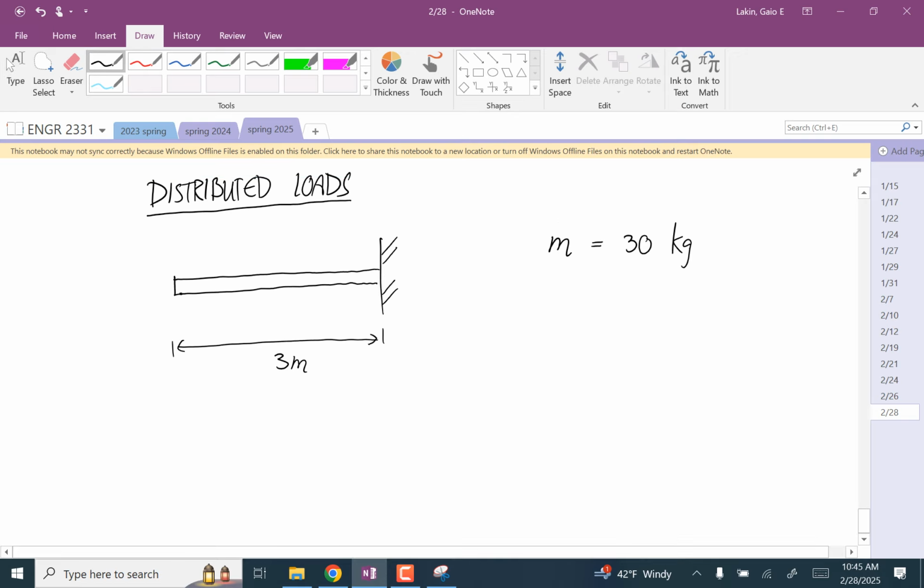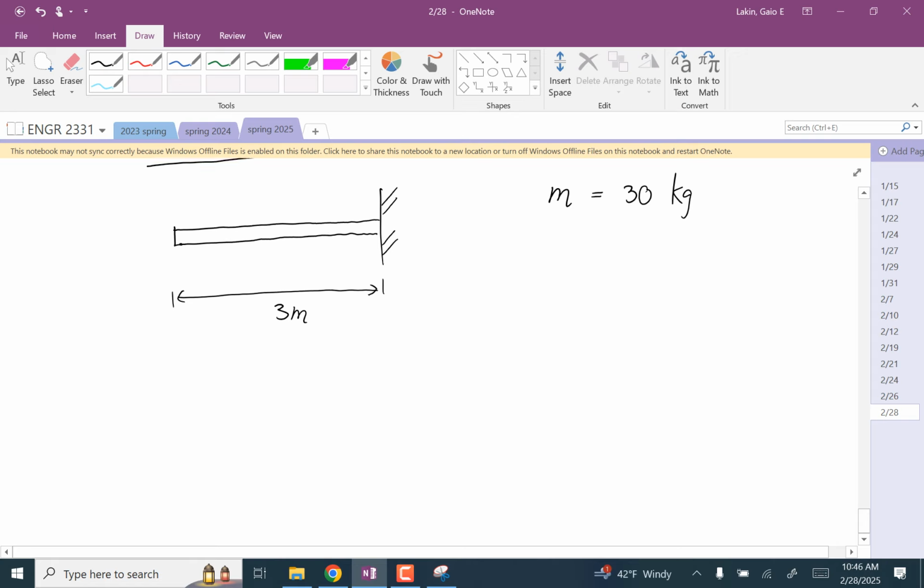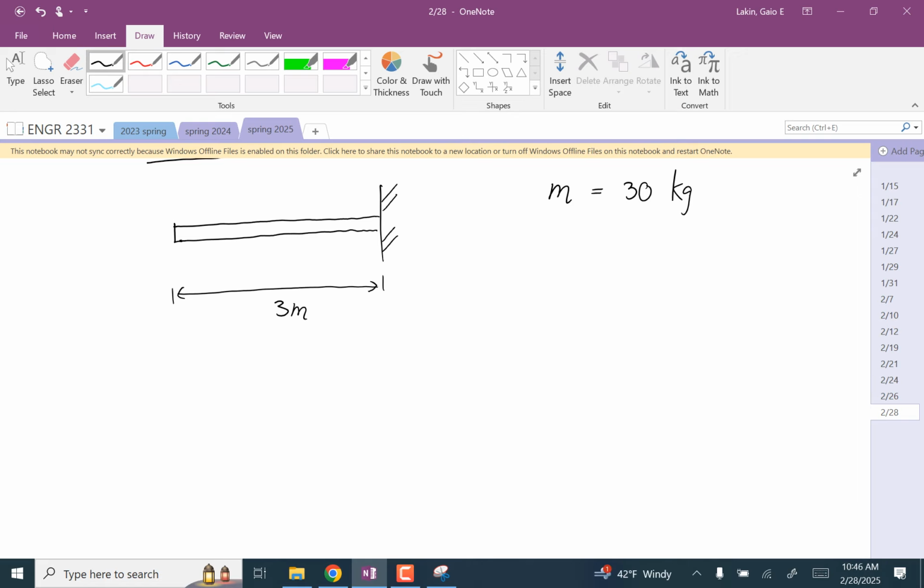Since I have a cantilever at the right end, that's never going to show up in our cuts, so I'm not even going to calculate the external loads to start with. I'm just going to get right into it. So let's think of a free body diagram of the whole thing.